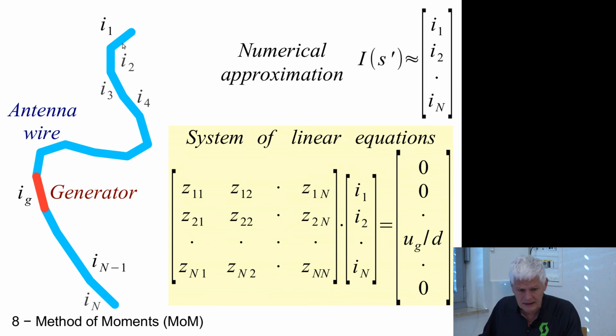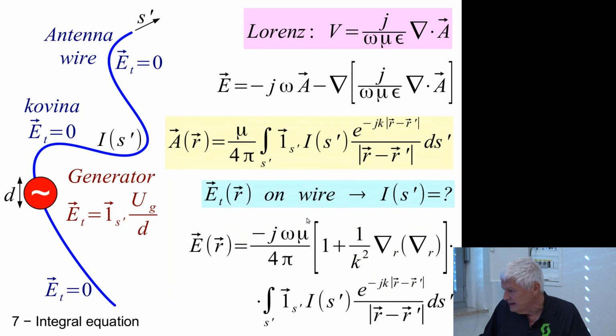Maybe constant, maybe triangular, maybe sinusoidal. And in fact, the software we are using is calculating these things with sinusoidal currents. The advantage of sinusoidal currents is that this ugly thing here has an analytical solution.